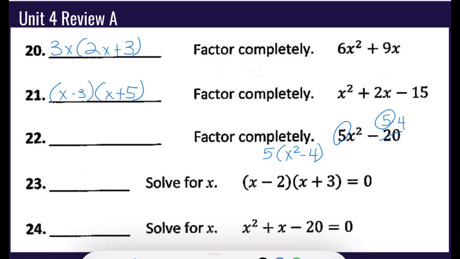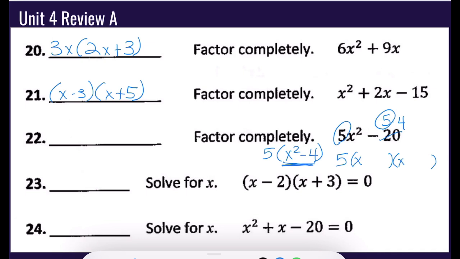And if you remember, now we're looking at one of our shortcuts, the difference of perfect squares. And as soon as we have a subtraction problem where both sides are perfect squares, we can split that up one more time. So that 5 just stays there. That x squared becomes an x and an x.